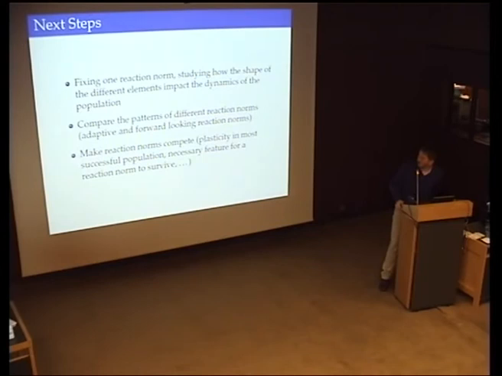So analyzing how selection pressures act on these reaction norms, and especially seeing what the ingredients are that we think are necessary in order for a reaction norm to survive in the long run.